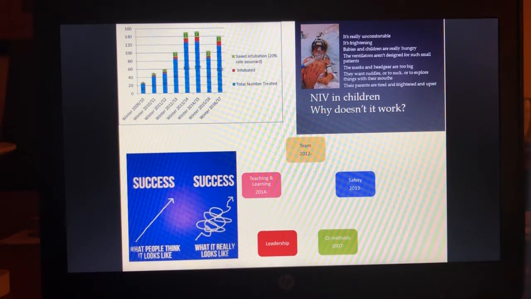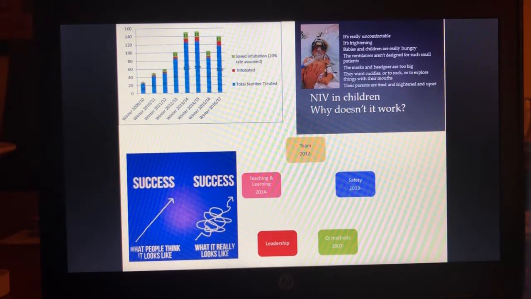I'll talk you through a little bit more about the bar chart, just to give you some more context. Our project really started in 2012 when we formed our new acute consultant care team, and that meant for the first time we had dedicated HDU cover by a consultant.